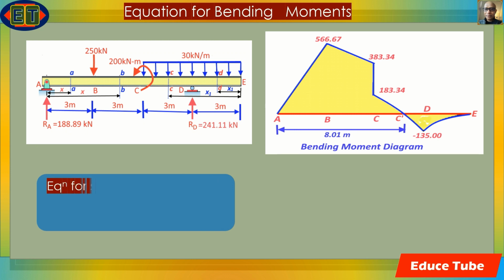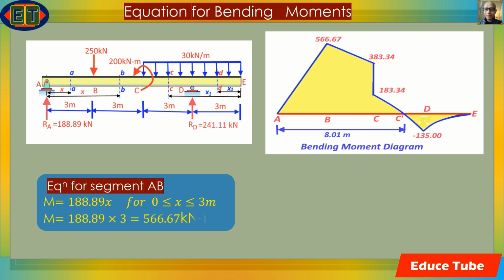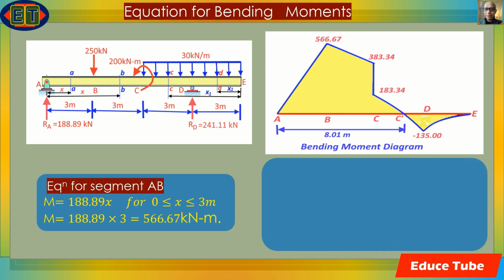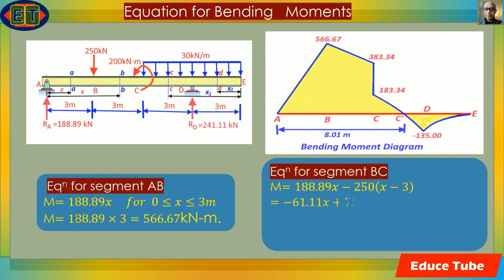Now for bending moment. Bending moment, we know, is the algebraic summation of the moments of all the forces to the left or to the right of a particular section. For example, equation for segment AB: moment M equal to 188.89x. It is very clear.